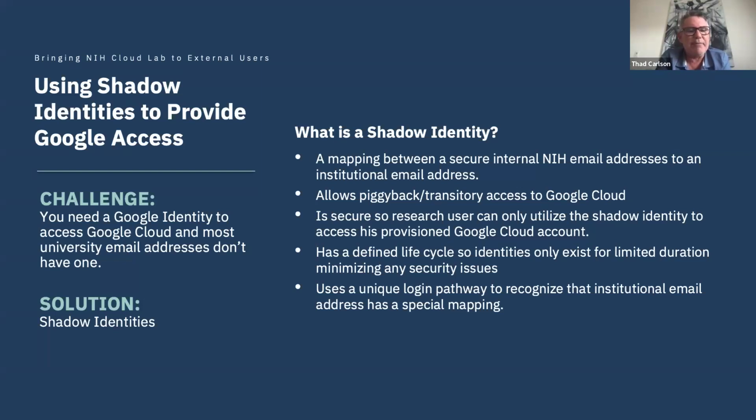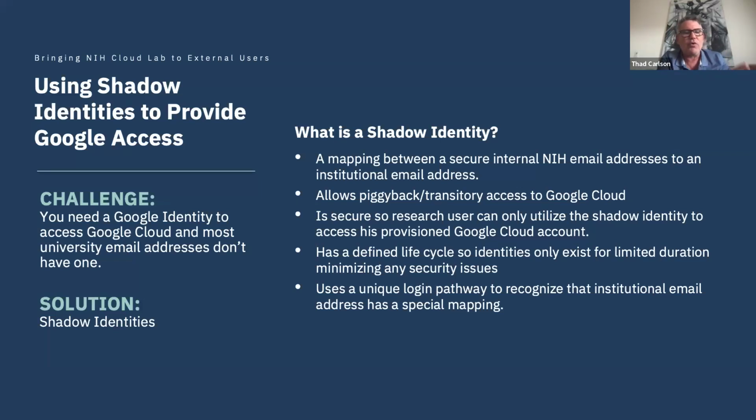So we had to basically map a unique login pathway and give people a distinct URL to log in that would reroute them away from the standard NIH login and create a pathway so that they knew that anyone logging in through that pathway should have a shadow identity mapped to them.